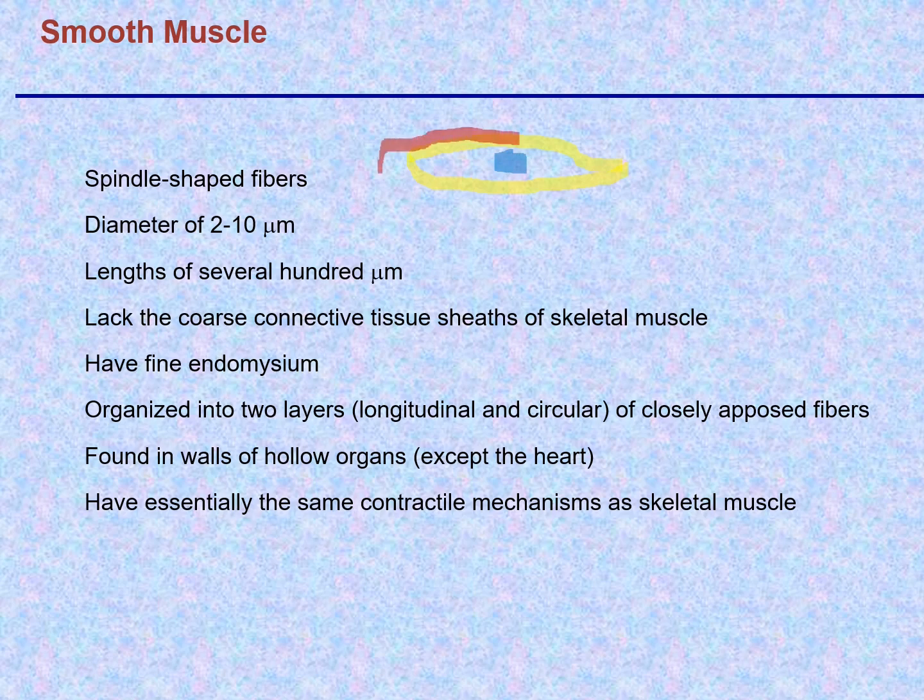So a smooth muscle cell might look kind of like this size, much smaller than a skeletal muscle fiber. Diameter would be 2 to 10 microns. Just to put that in perspective, a red cell is approximately this size, about 8 microns in diameter.